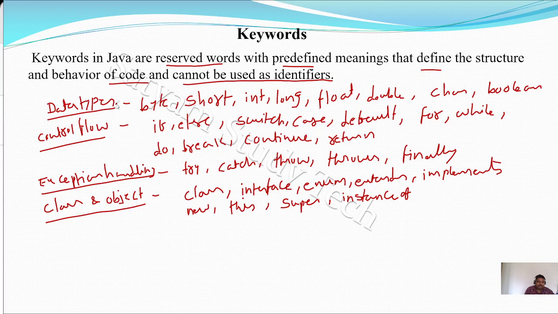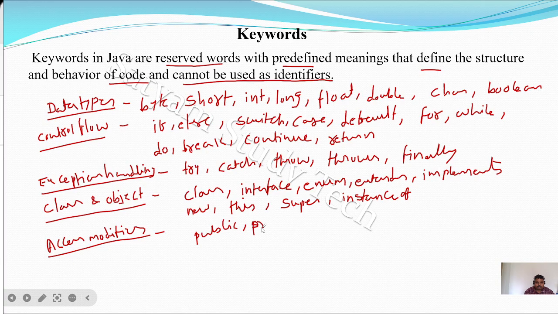Now we can see access modifiers. Already we are using public, and also private and protected as access modifiers.